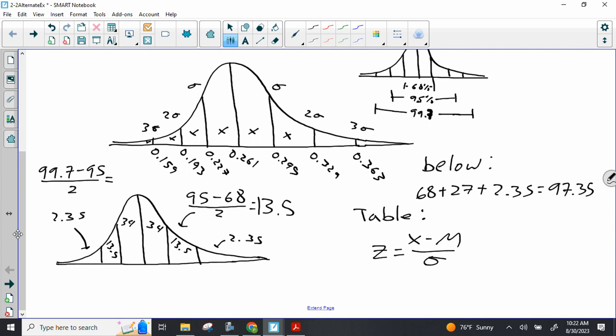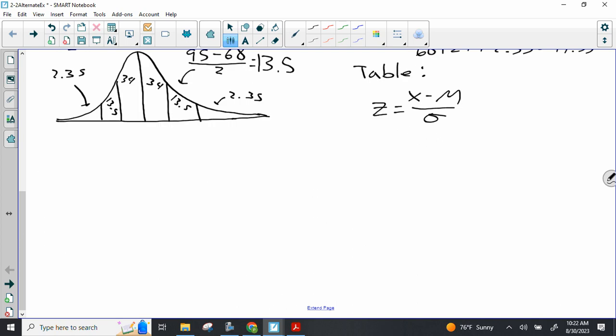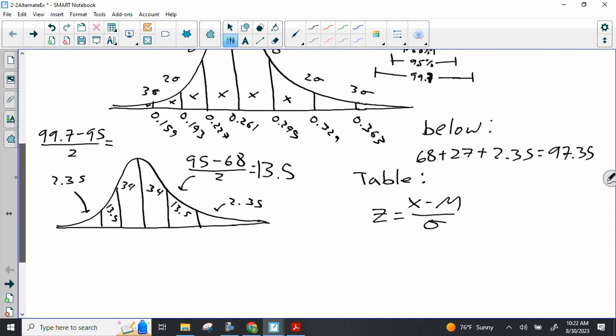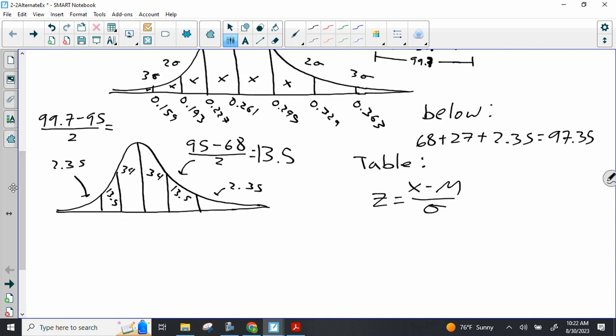Okay, now it's rolling off the tongue. I don't know why my brain switched numbers. Let's find a z-score for this guy. We're looking for 0.329.